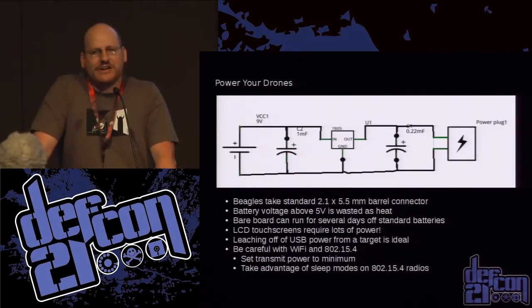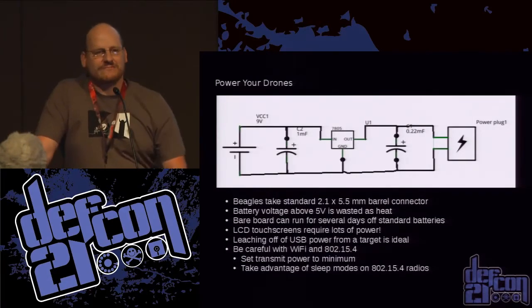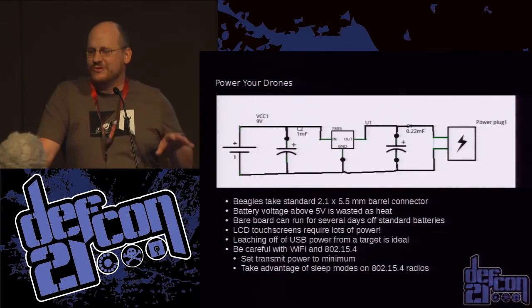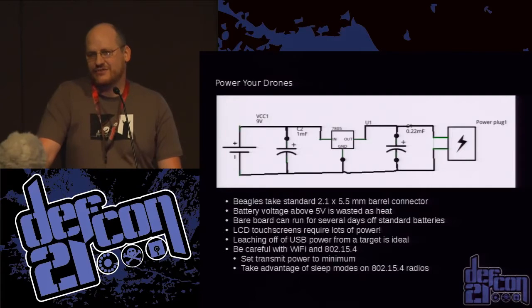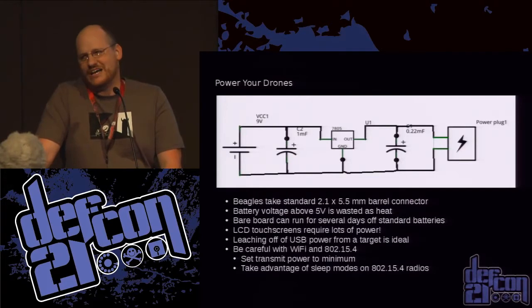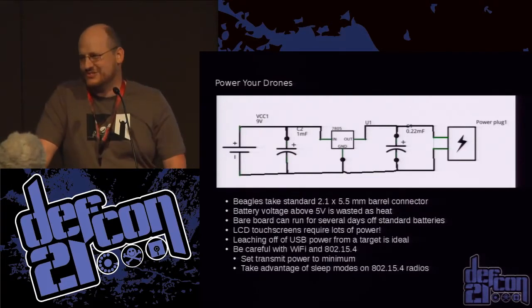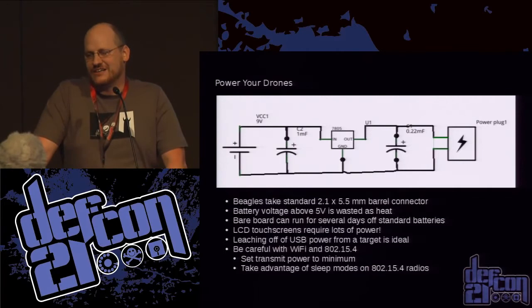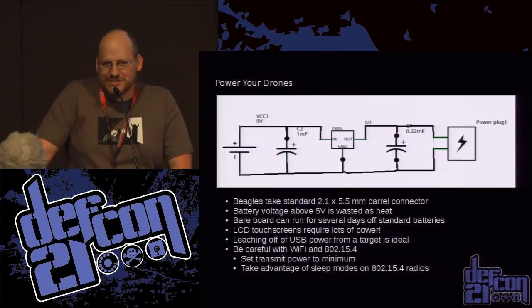Other things to keep in mind when it comes to power, you can have a BeagleBoard or BeagleBone Black running full blast, all right? Running 100% CPU, and it uses about a watt. It's like 1.1 watts or so of power. It's not a lot. How much do you think the Raspberry Pi does?